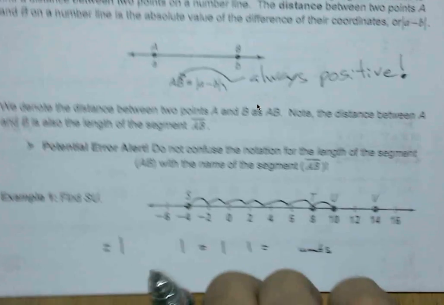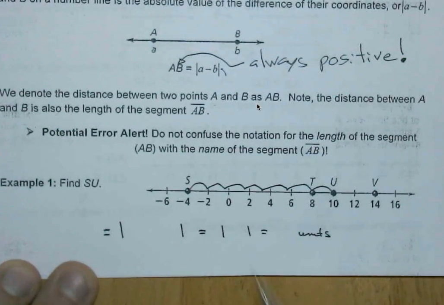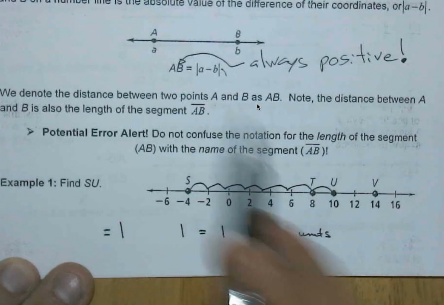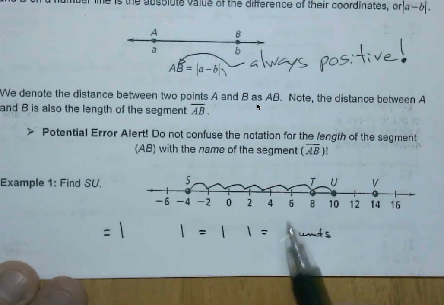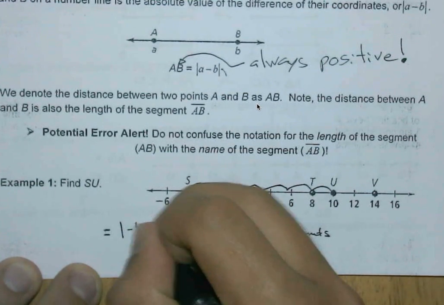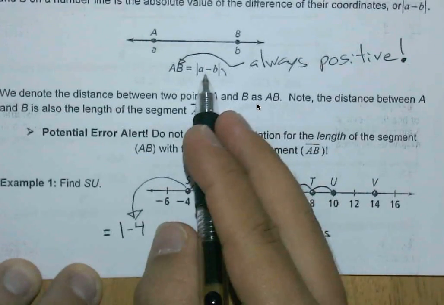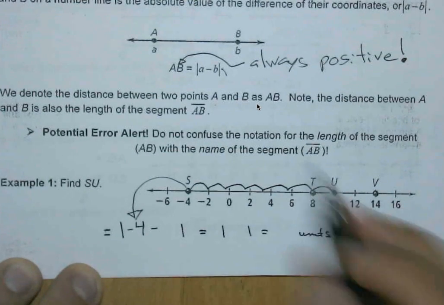Starting first with the number line, we're trying to find SU. We'll see 2 ways we can approach this, with the algebra and absolute value, but also just from the visual. I know that S is at -4. So here's my S value. I'm deducting the second value. What's the value for U?